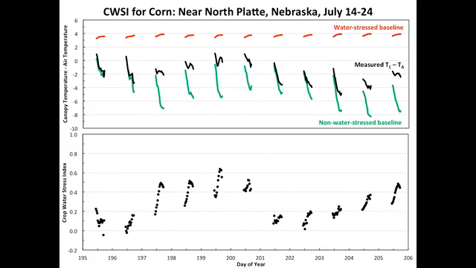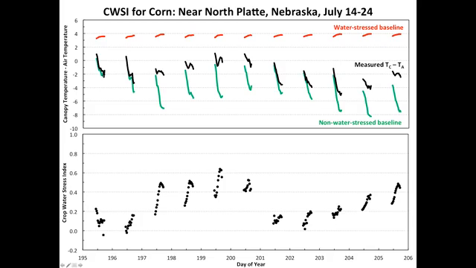But to show how well the crop water stress index works, I have here 11 days of data collected over a cornfield near North Platte, Nebraska in the middle of July. In the upper graph, we're showing the canopy to air temperature difference, and in the lower graph, we're showing the crop water stress index.